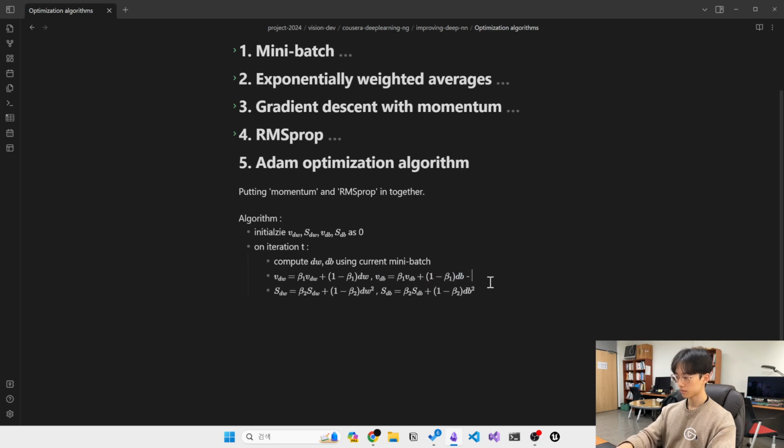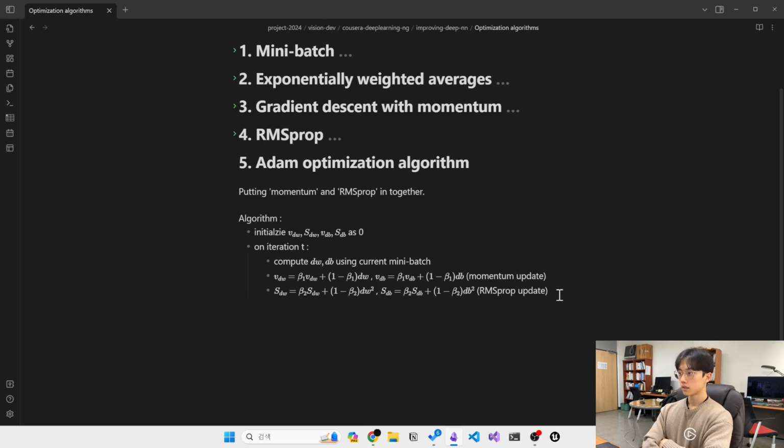In the typical implementation of Adam, you do implement bias correction. So you're going to have V corrected, where corrected means after bias correction. VdW corrected equals VdW divided by 1 minus beta 1 to the power of t, if you've done t iterations. And similarly, VdB corrected equals VdB divided by 1 minus beta 1 to the power of t.